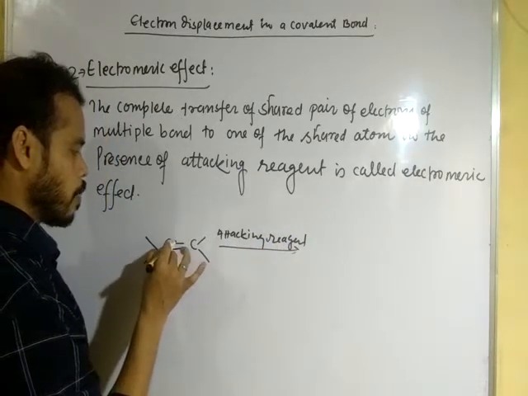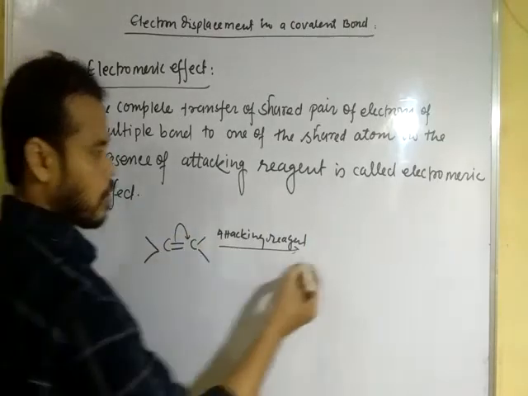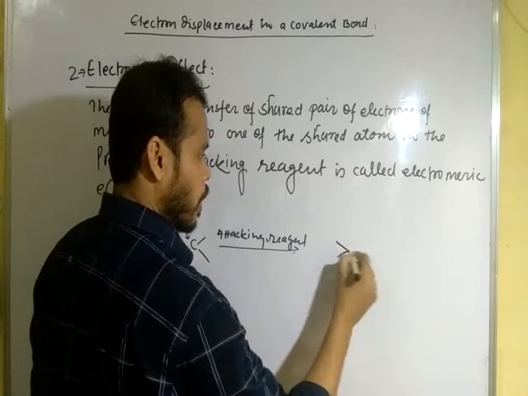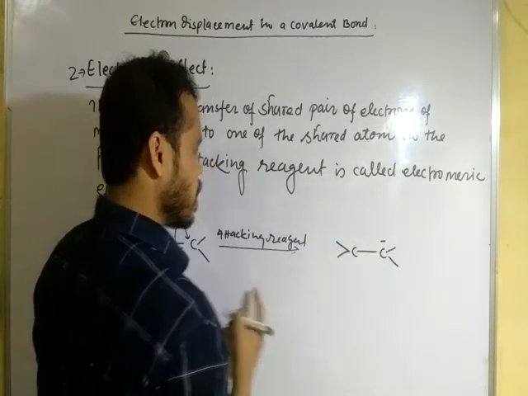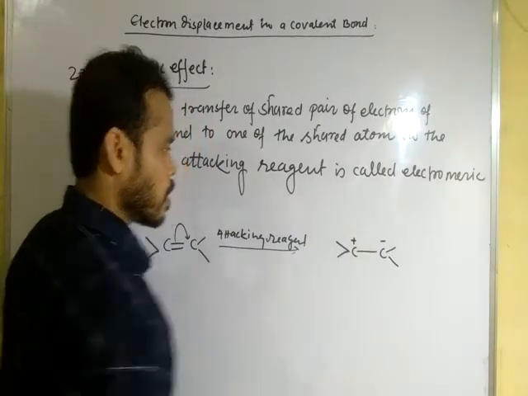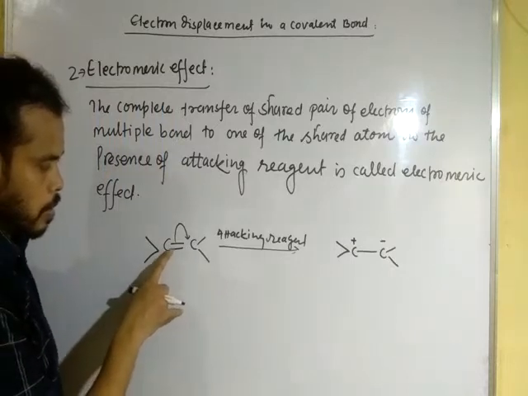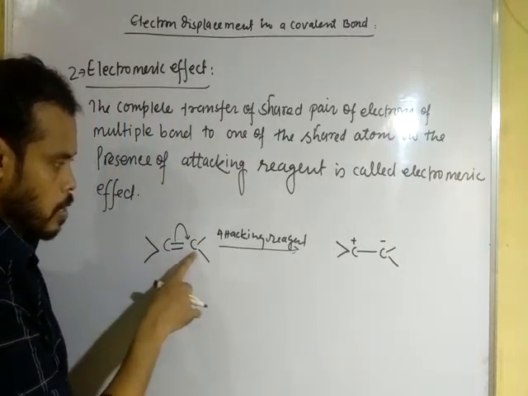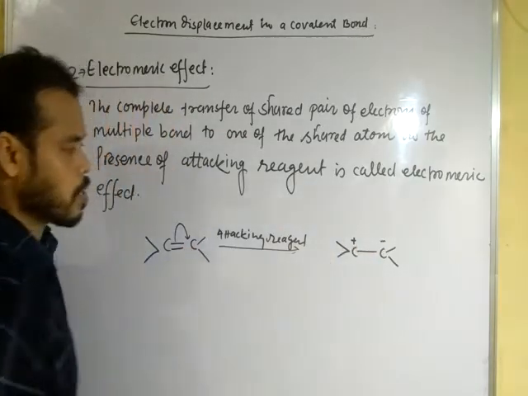The electron displaces completely. One carbon atom gets a negative charge while the other carbon atom gets a positive charge, because the electrons transfer from this side to this side.